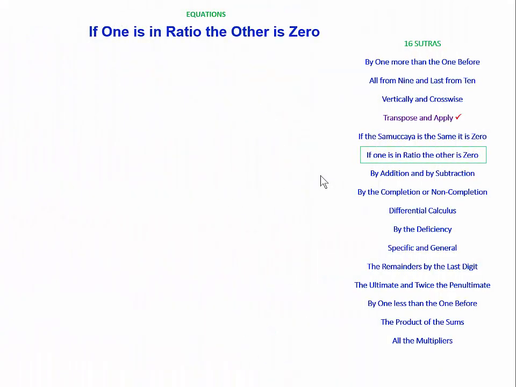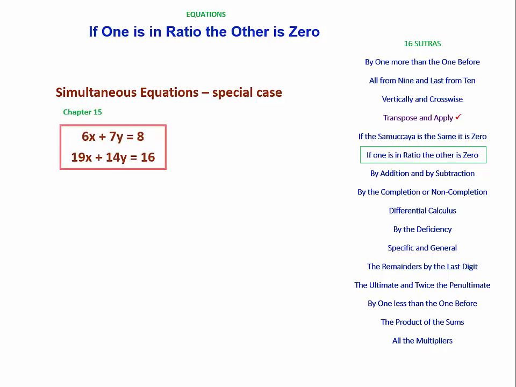Now we move on to this sutra, Anarupya Shunyam Anyat. If one is in ratio, the other is 0. Tirjiti gives a nice application of this sutra in the solution of a special type of simultaneous equations. And this is an illustration. We've got a special case here. If you look carefully, you'll see that the ratio of the y coefficients is the same as the ratio on the right hand side.